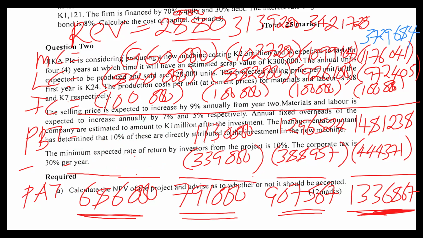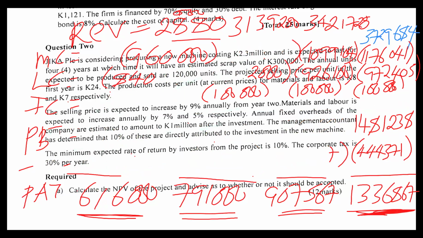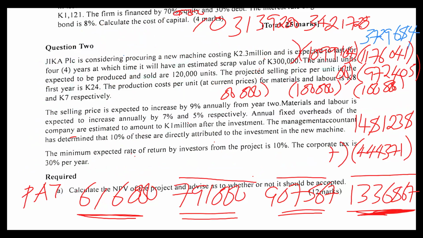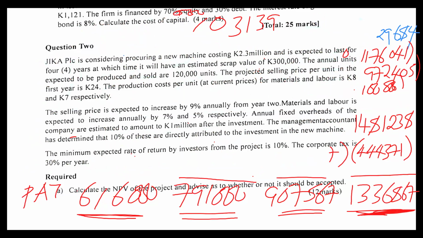Now the question is done. I'll just do the NPV. I think the IRR, you can easily do it. You can pick it up from here as long as you have the cash flows.